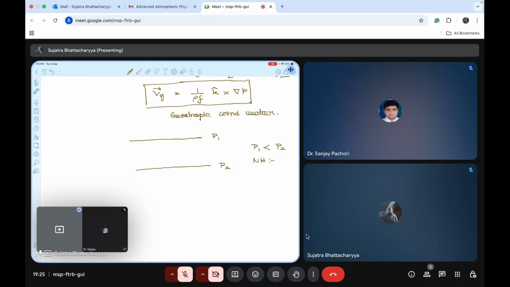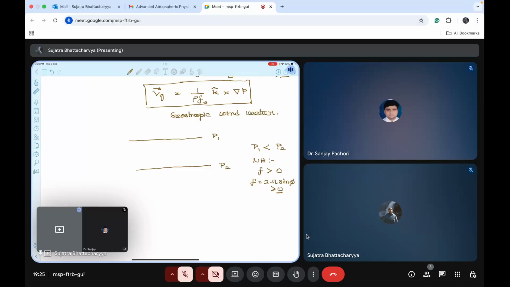Which quantity will change in the northern hemisphere? F. Correct, because f depends on the latitude. Latitude in the southern hemisphere is negative, but in the northern hemisphere it is positive. So f is greater than 0. Why? Because f is equal to 2 omega sine phi. Sine of positive phi is always positive. So f is greater than 0.